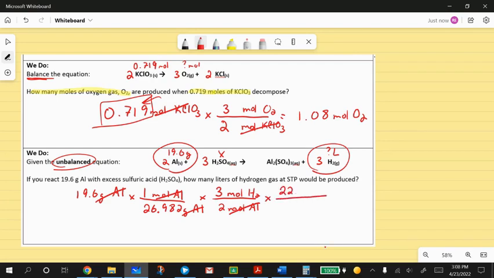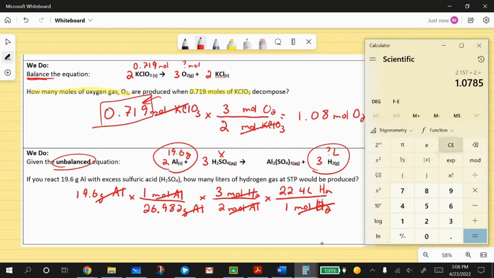We know that there are 22.4 liters of any gas at STP for every 1 mole of that gas, which this time we're talking about H2. And moles of H2 canceled.